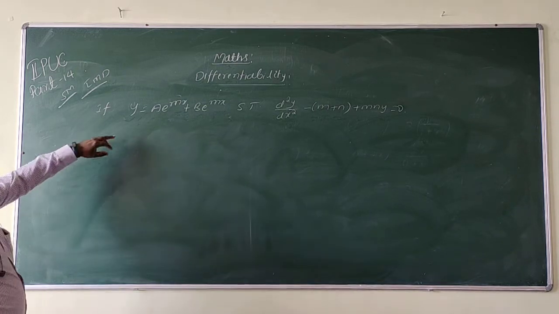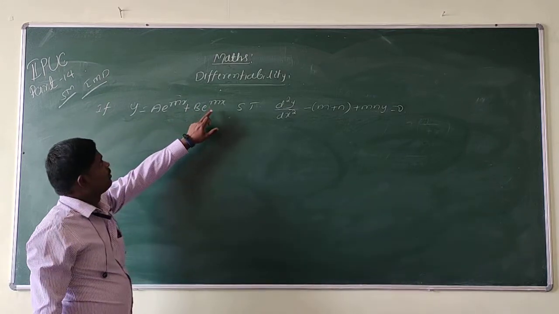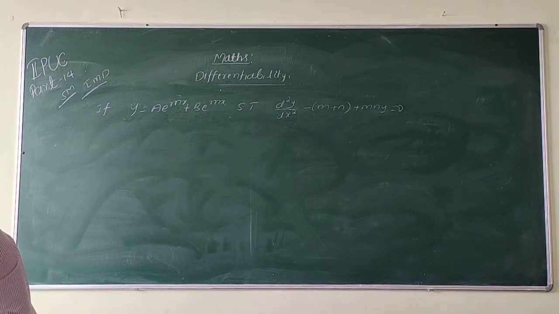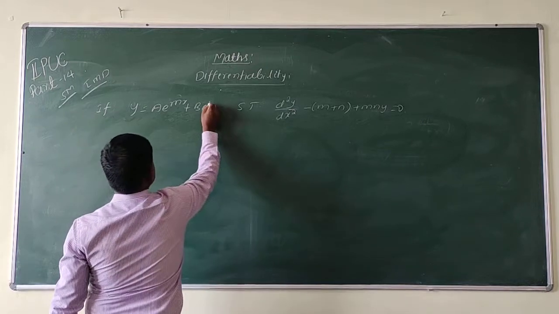Next one, if y is equal to a into e to the power of mx plus b into e to the power of nx, maybe this one is nx, yes, nx, not mx, nx.